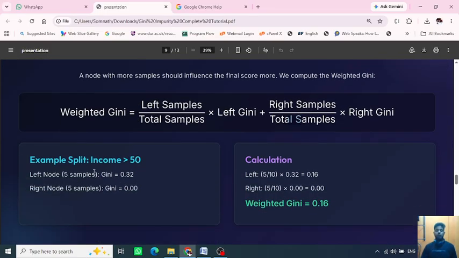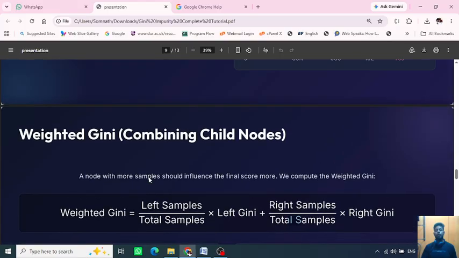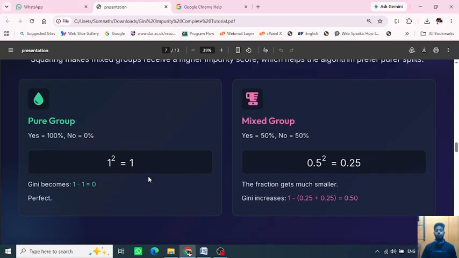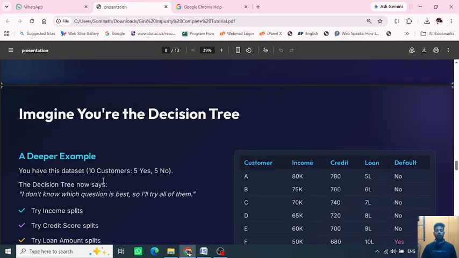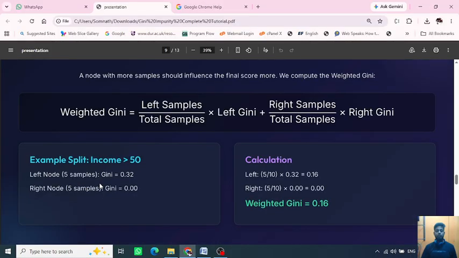So if I choose income greater than 50, and apply the same equation I showed here to calculate for 60k, I have found that the Gini is 0.32 for the left node and the right node is 0.